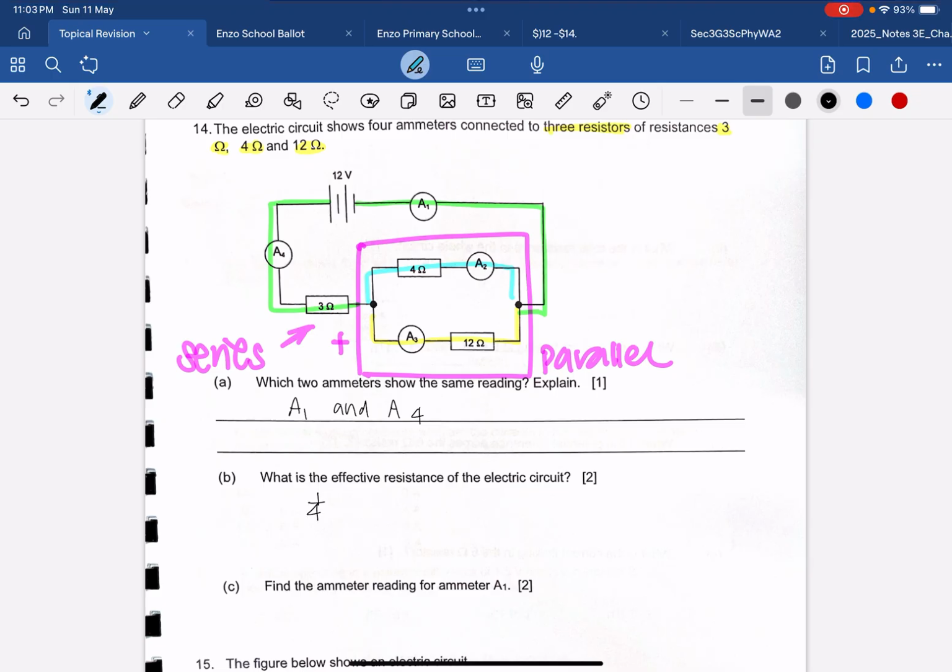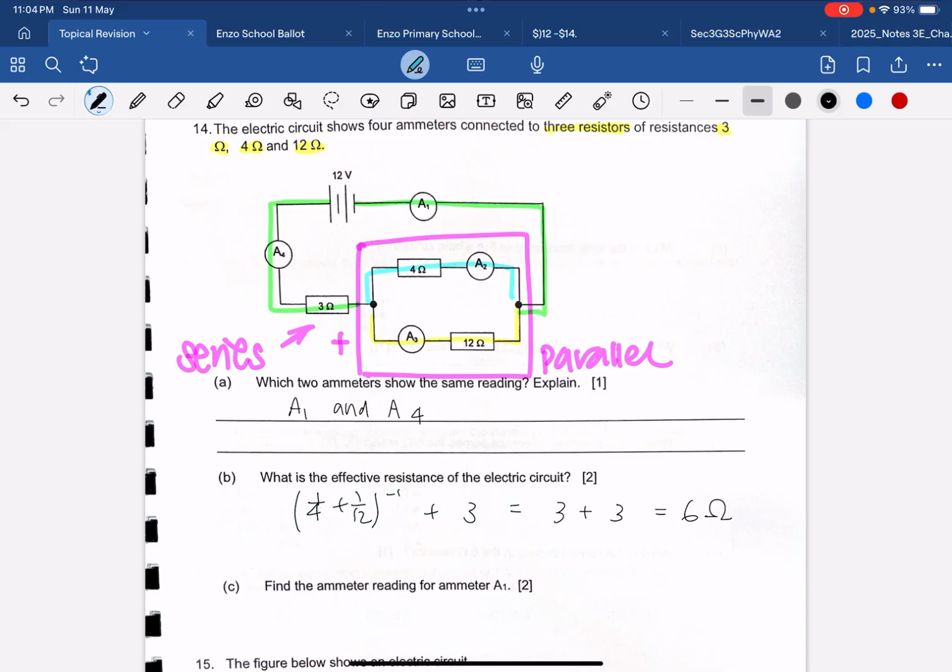So 1 over 4 plus 1 over 12, whole thing inverted, plus my 3 ohm. So 4, 8, 12: 4 over 12, invert, 12 over 4, so it's 3 plus 3. This gives me 6 ohm. You press your calculator, you should get the same answer as me.